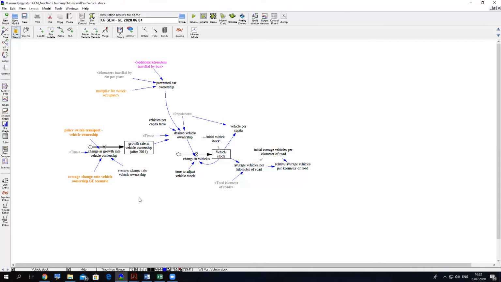So one of the indicators is the results of the program. There should be about around 30 charging stations by 2030. And for me, it's how to add this infrastructure to this model.